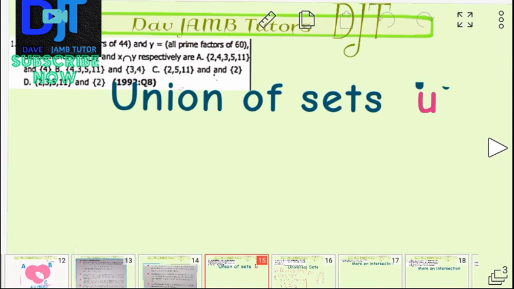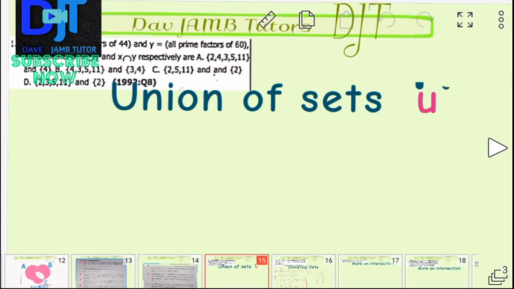This first question says if x equals all prime factors of 44 and y equals all prime factors of 60, the elements of x union y and x intersect y respectively are. They said x is all prime factors of 44.